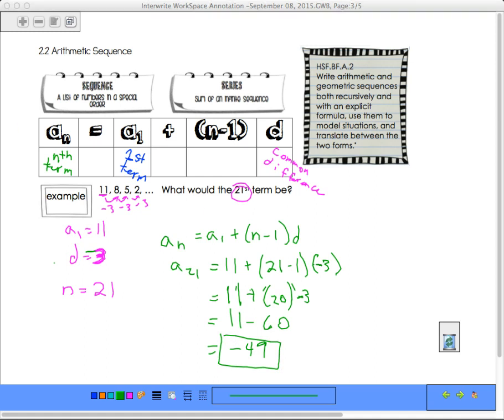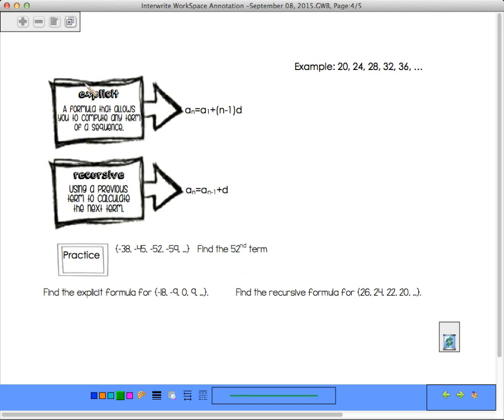Let's look at another example. We can write both explicit and recursive formulas. Right now we're just working on explicit. So explicit is what we worked on to start with. And let's say we just want to find the 6th term. So I'm going to look for the 6th term.